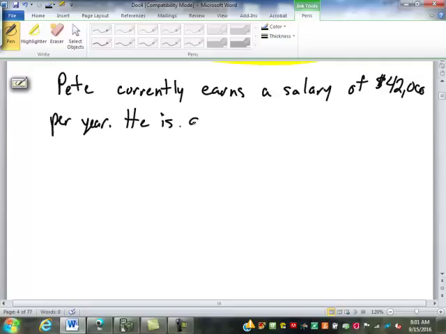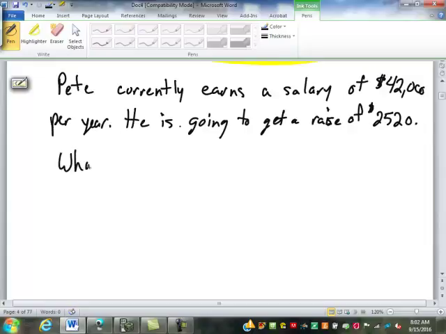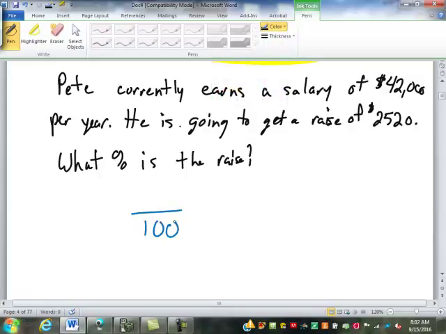He is going to get a raise of $2,520 per year. What percent is the raise? So here we're looking for a percent. So it's blank over 100.